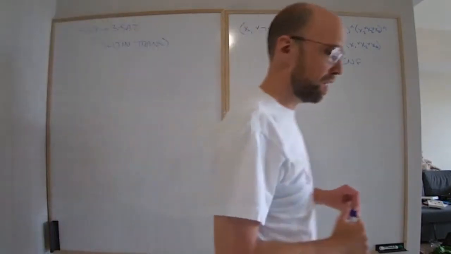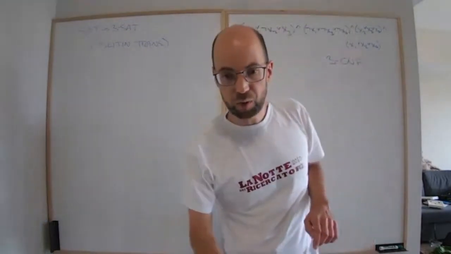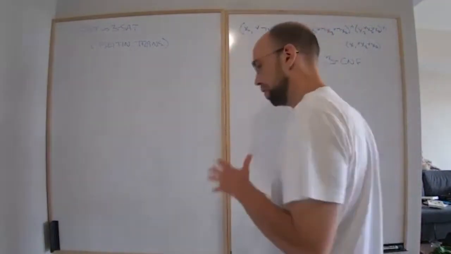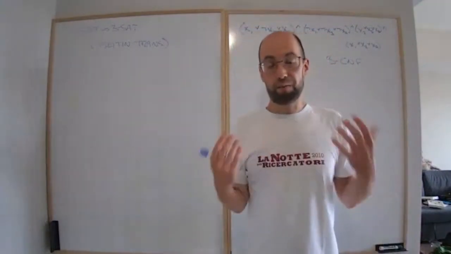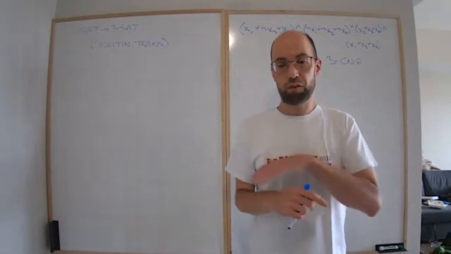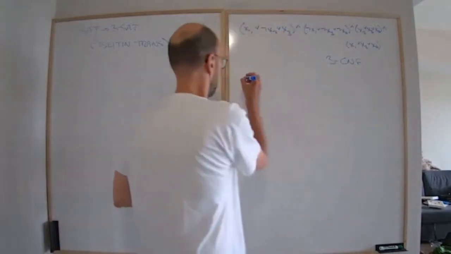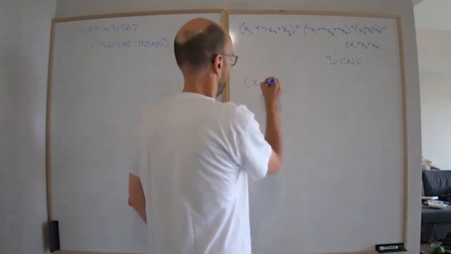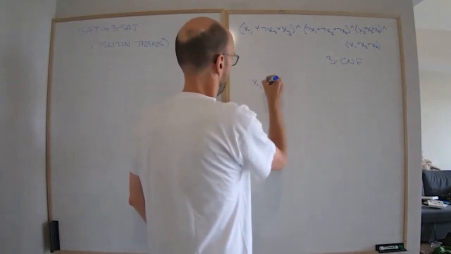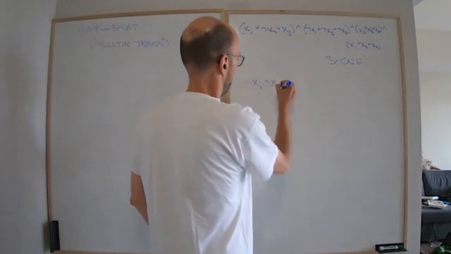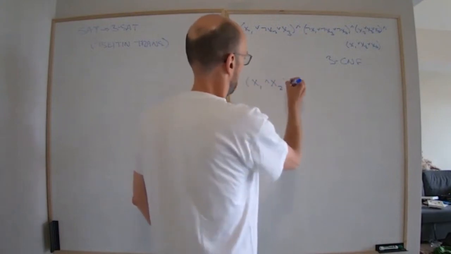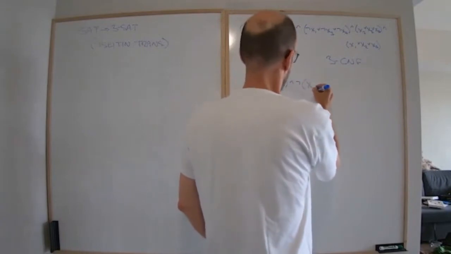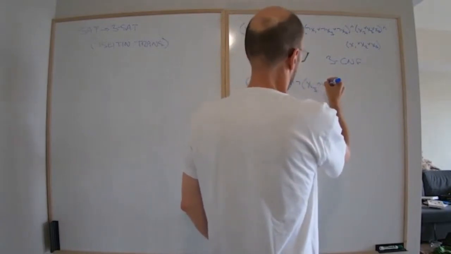So the idea, I don't have time to go through all of this in detail, but the idea is if somebody gives you a formula, just any formula, like x1 and x2 and not x3 and x4.